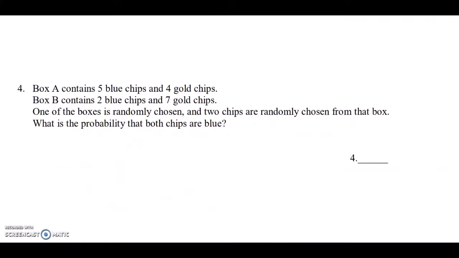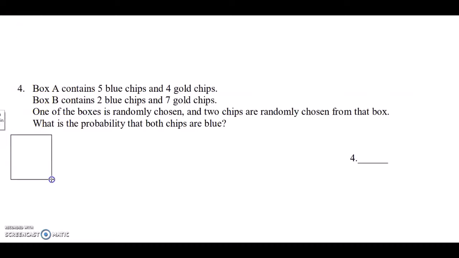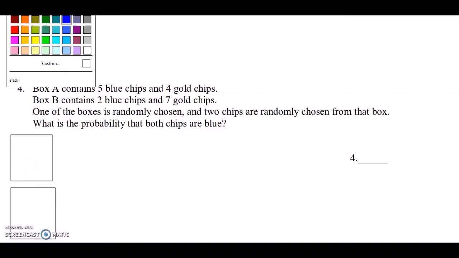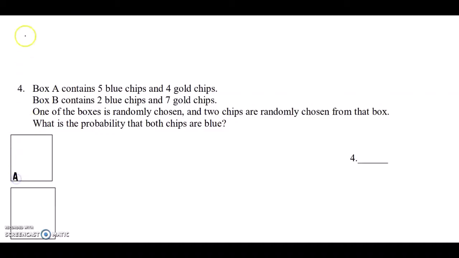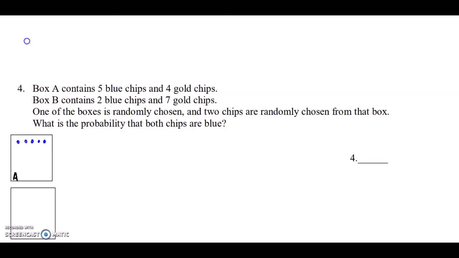We have box A that contains 5 blue chips and 4 gold chips. So let me sketch out box A and box B. So in box A, use different colors so I don't impede. We have blue chips and gold chips.